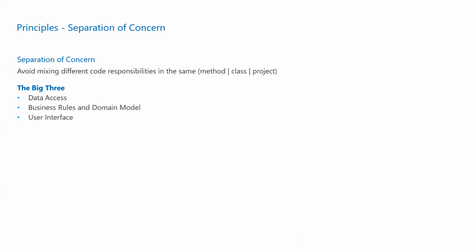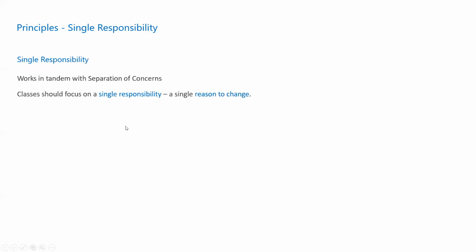Separation of concerns: it's very important that you separate your code base into classes, methods, and projects, and organize it. At least take care of these three: the data access layer should be in one project, business logic and domain model in one project, and user interface in a separate project.